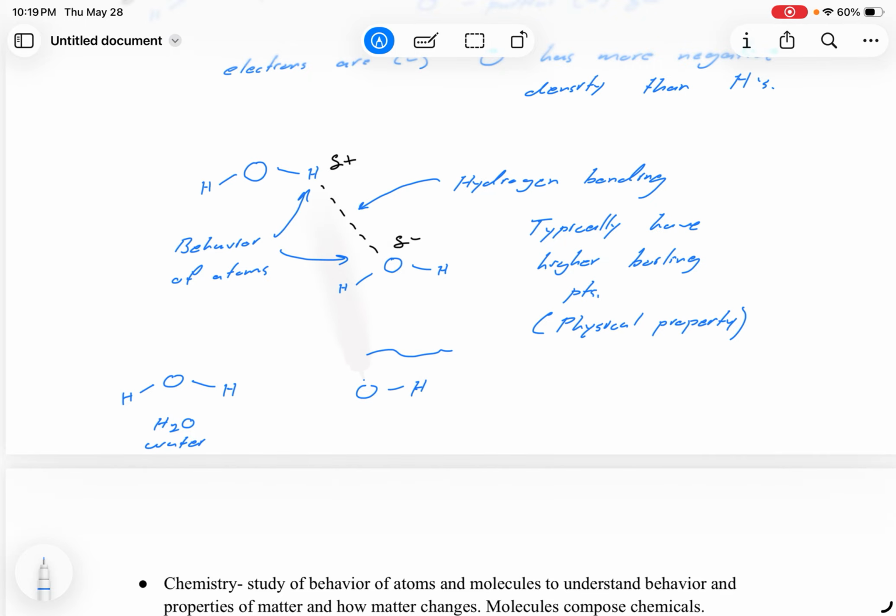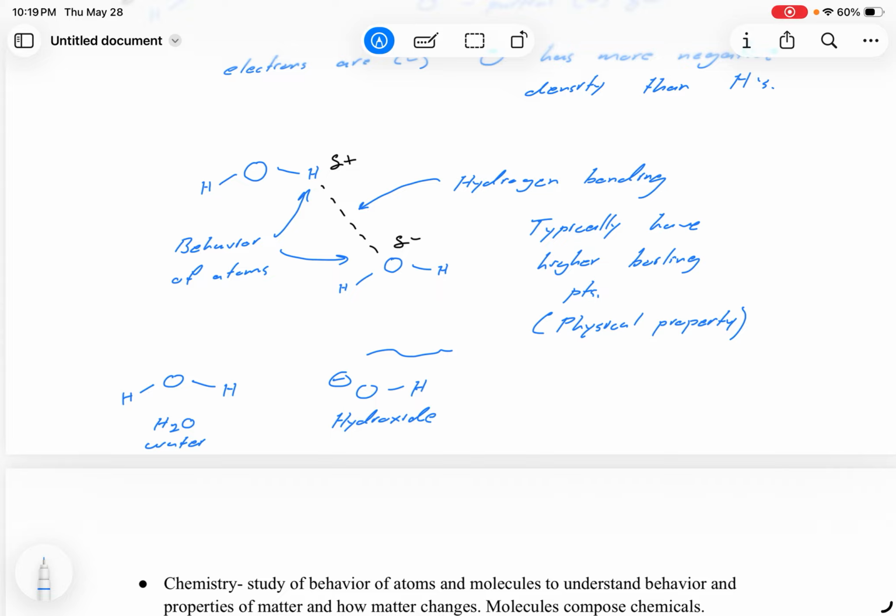And then we have hydroxide, OH minus. This is hydroxide.